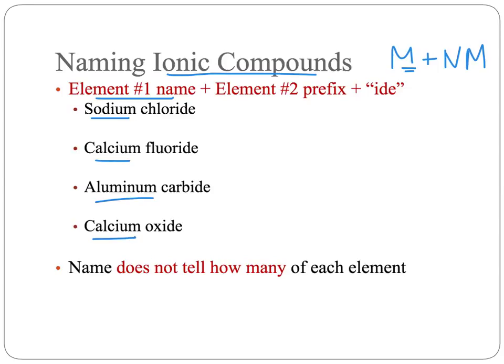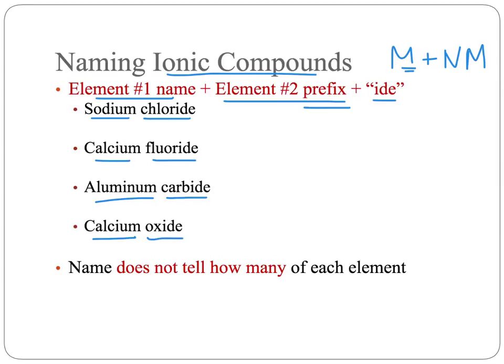These are all metals. Then the second part of the name is your element number 2, the nonmetal. You're going to drop the end off the name of that element and add an ide, an IDE. So chlorine becomes chloride, fluorine becomes fluoride, carbon becomes carbide, oxygen becomes oxide.